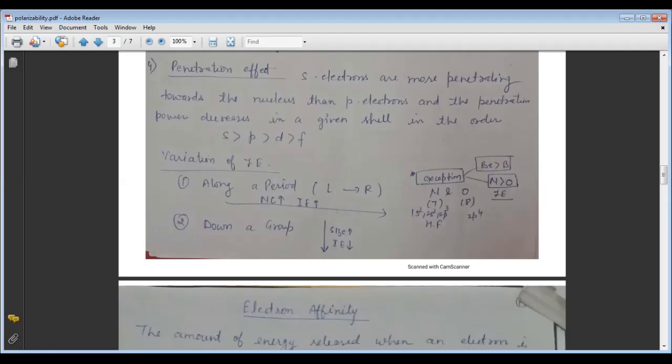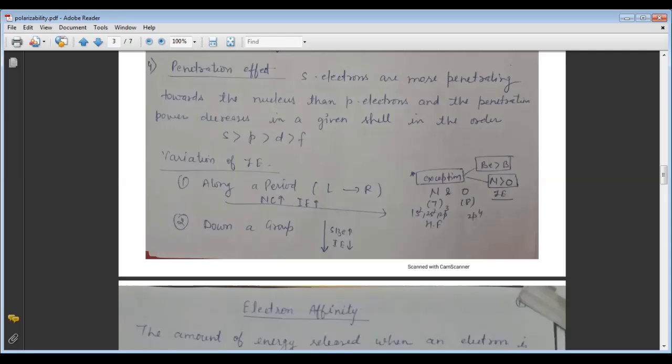In a period, the ionization energy increases with increasing atomic number. This is quite clear from the values of the ionization energy of the second period elements. On moving across a period from left to right, the nuclear charge increases, and if the nuclear charge increases, the ionization energy also increases.